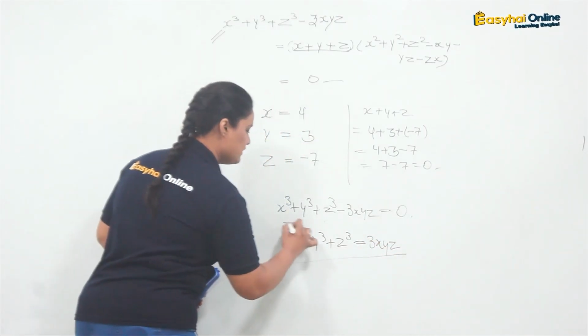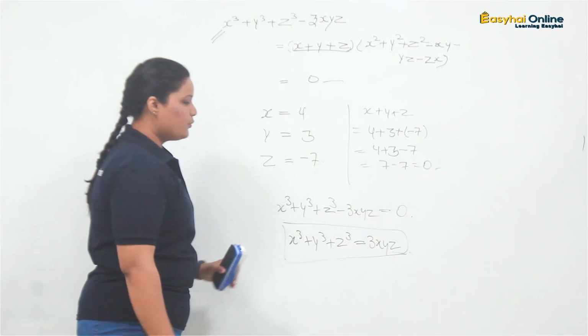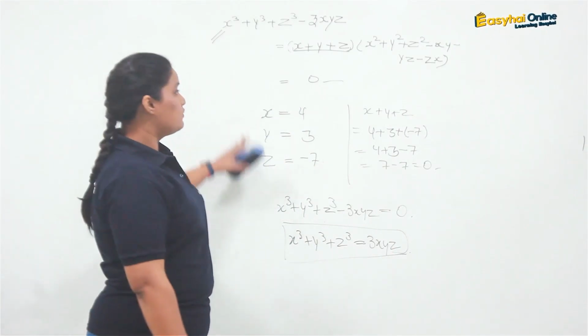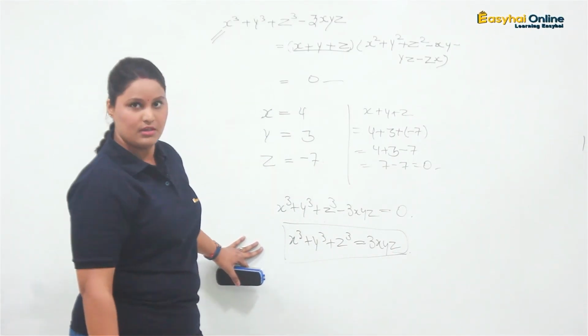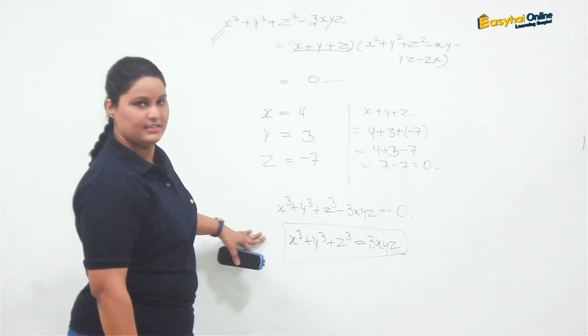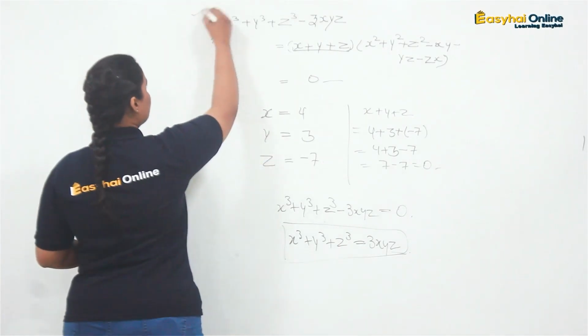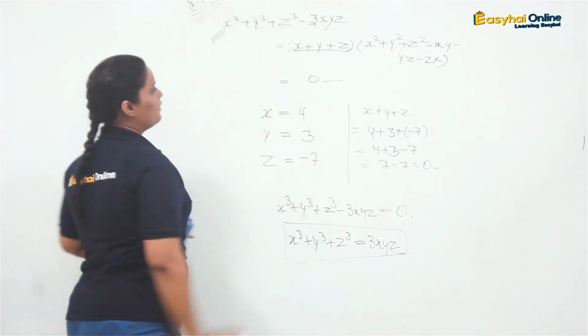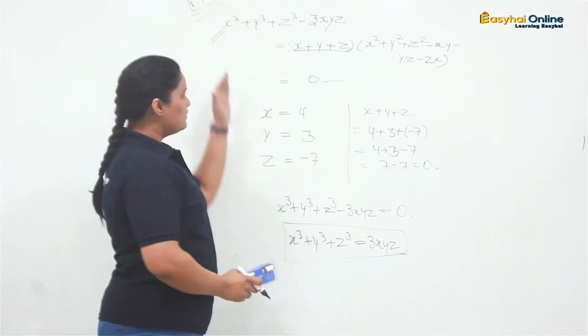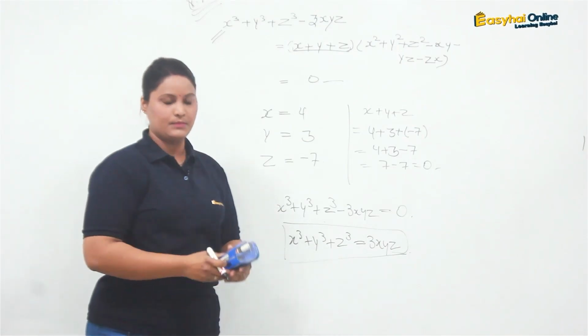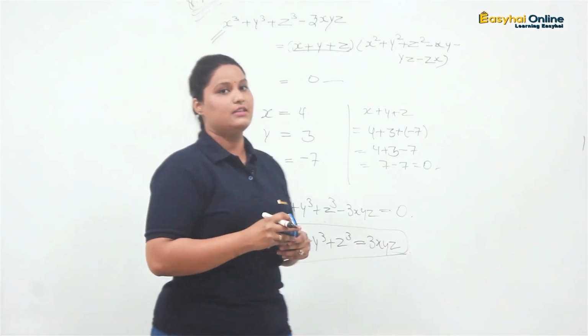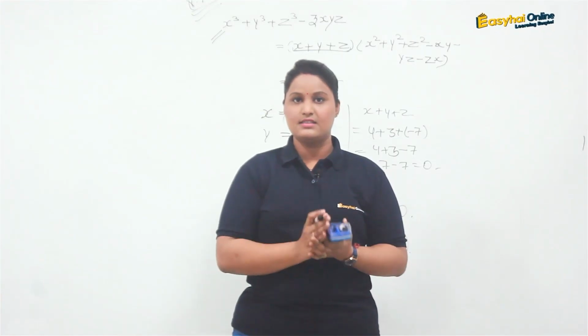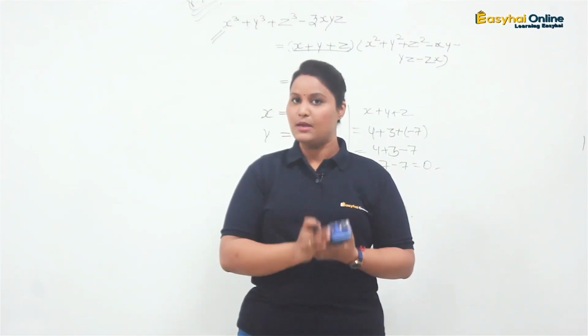Here is the condition, and it is also a proof in your book. There are some questions that come into the exam from this identity. It is a very important identity, and also remember it. So this is all about the identities. Now in the next lecture, I will discuss some CBSE based sample questions.